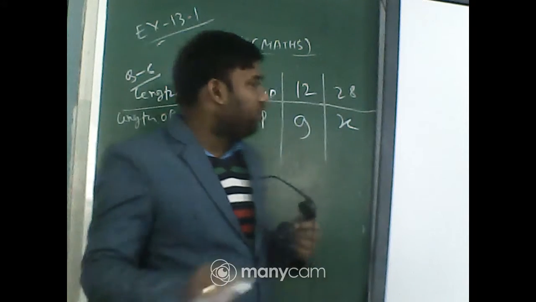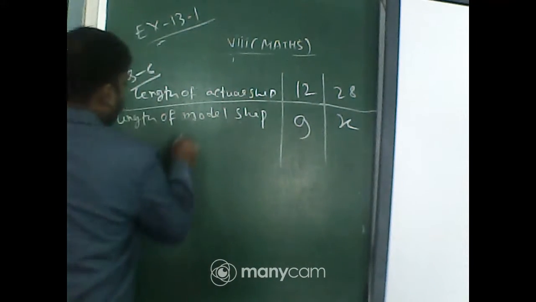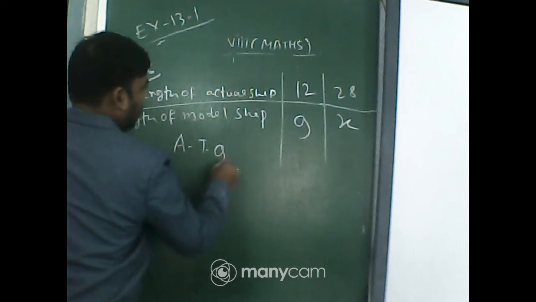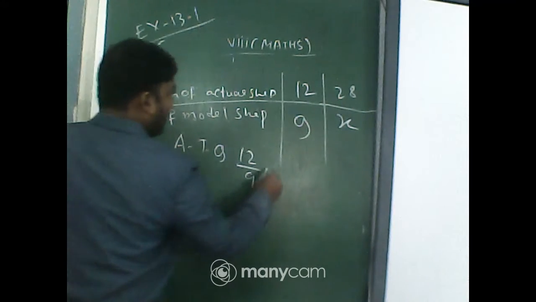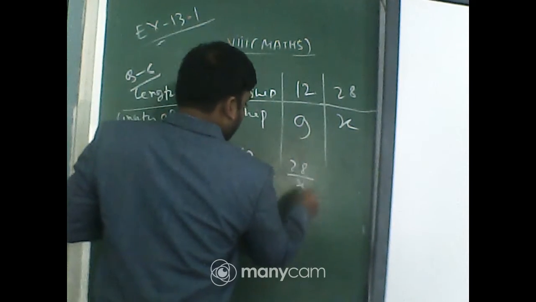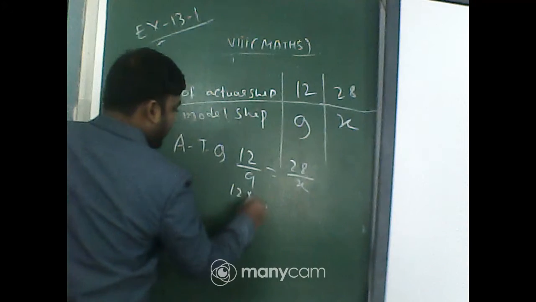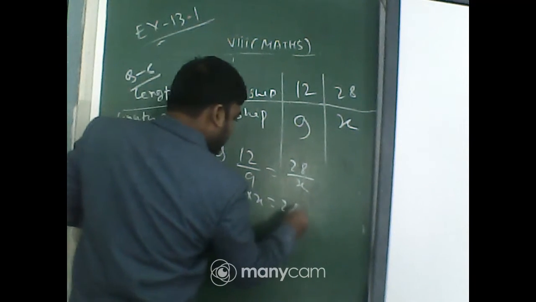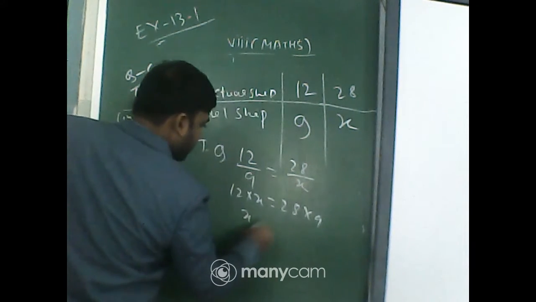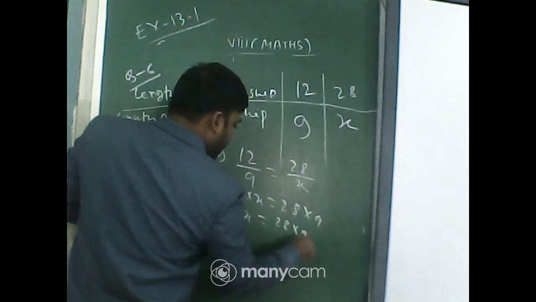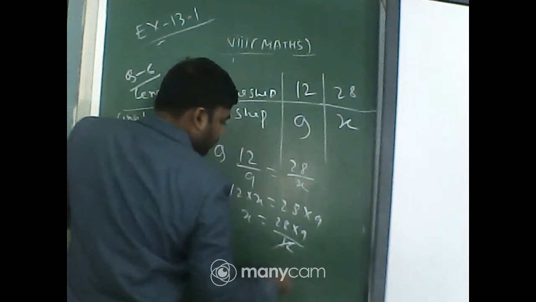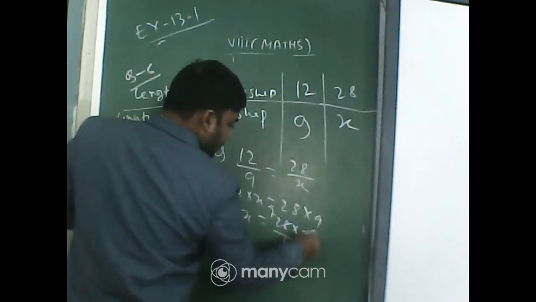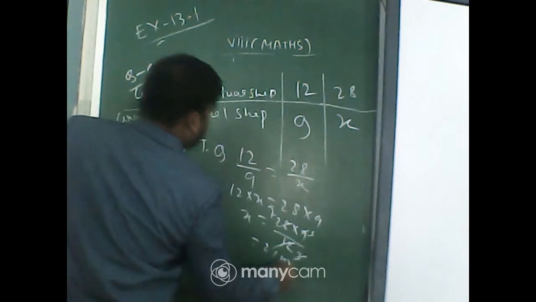So direct proportion, you can write according to the question 12 by 9 equal to 28 by x. So 12 into x equal to 28 into 9. So x equals 28 into 9 by 12, which is 21.